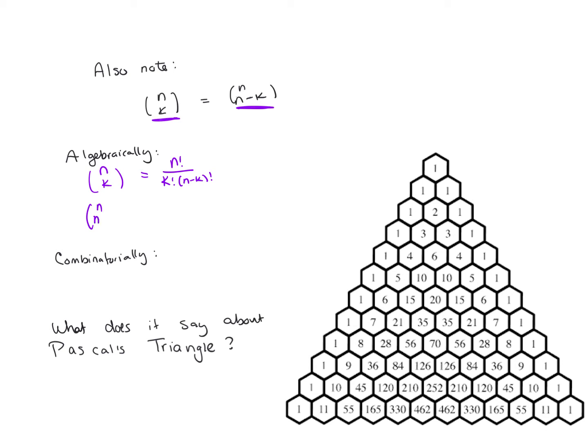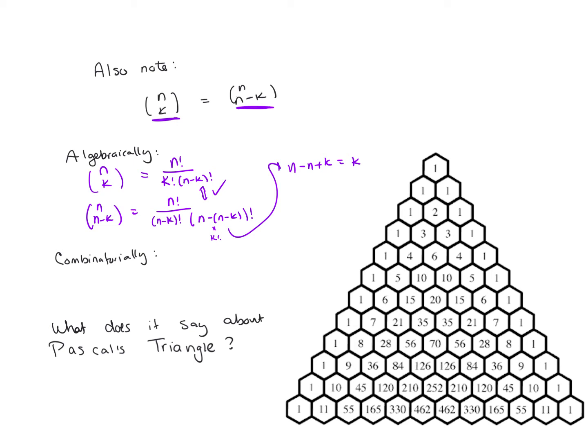N choose n minus k will be n factorial over n minus k factorial times n minus the quantity n minus k factorial. But n minus n plus k is just equal to k. So really that's a k factorial. So these are exactly the same. So this is easy to show algebraically.